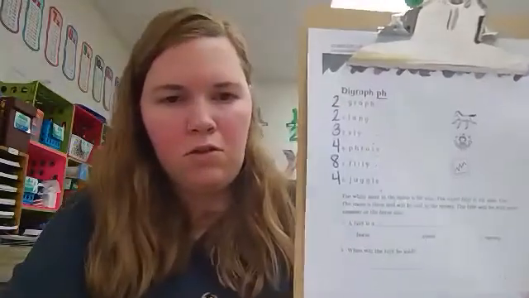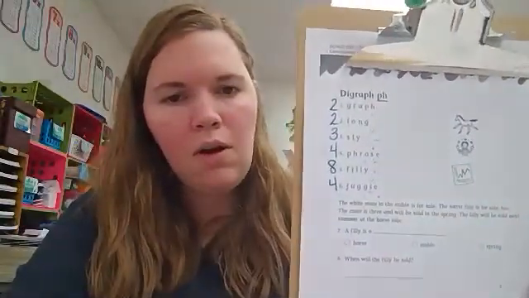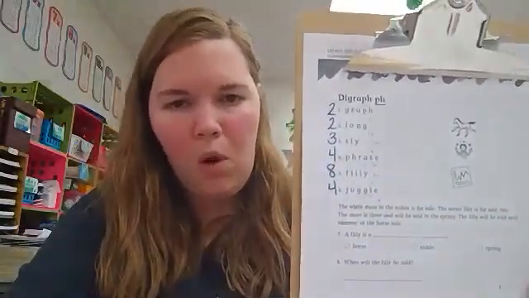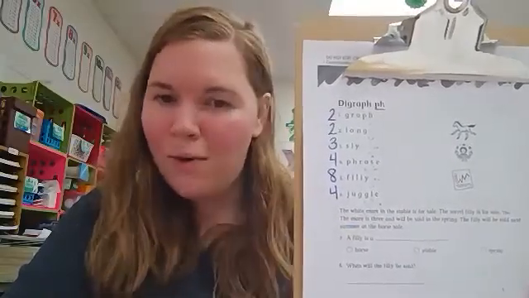Number 4, 4 codes. Number 5 has 8. Number 6 has 4. So your numbers are 2, 2, 3, 4, 8, 4. Great job today learning a new digraph.